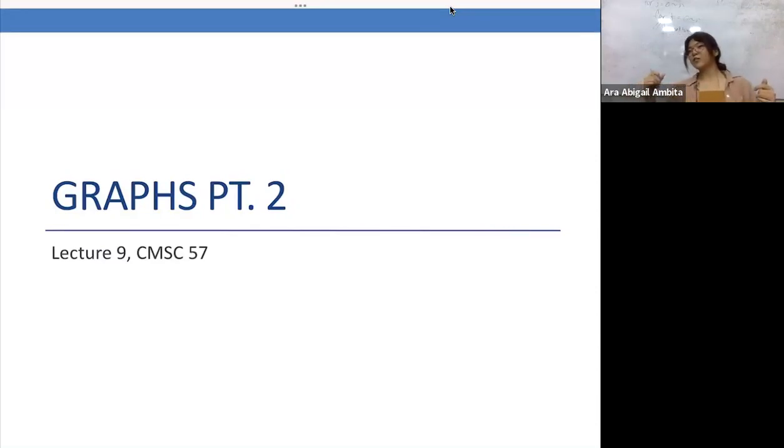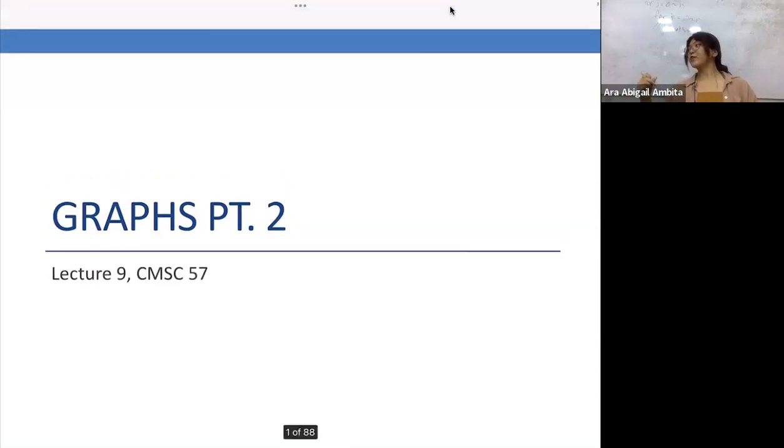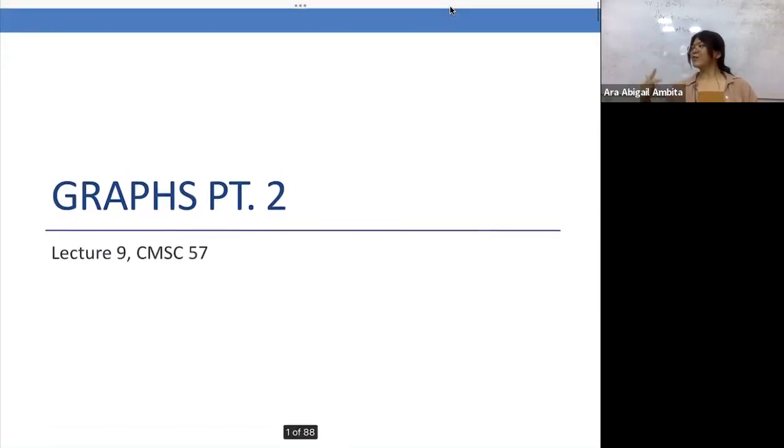When we deal with isomorphic graphs, we deal with two graphs. And when we deal with two graphs, they basically have the same structure. And a way we can determine if they are isomorphic is that there is a one-to-one, onto mapping between these two.